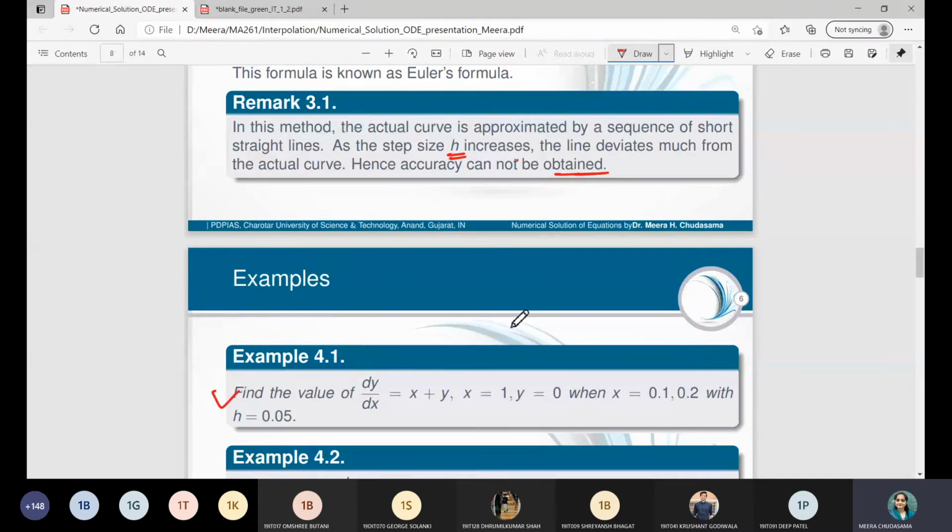Here we are given dy by dx is equal to x plus y, with initial condition y of 0 is 1. You are asked to find its value at 0.1 and 0.2 with step size 0.05, right? So let us try to solve this one.